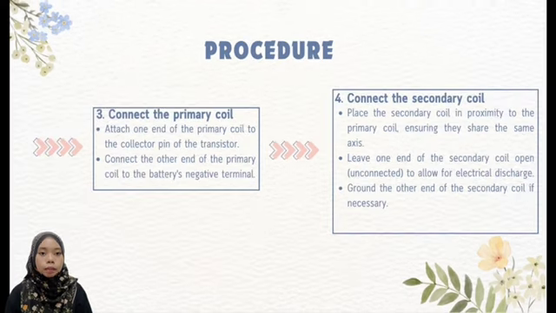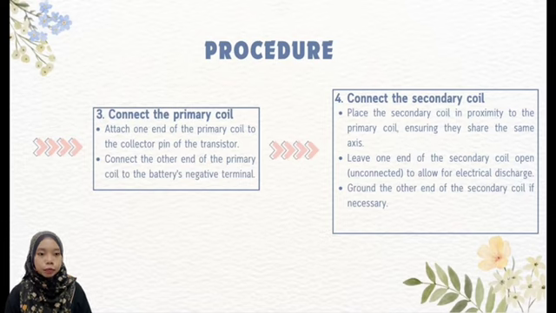We move to step 3, which is connect the primary coil. Attach one end of the primary coil to the collector pin of the transistor, and then connect the other end of the primary coil to the battery's negative terminal.